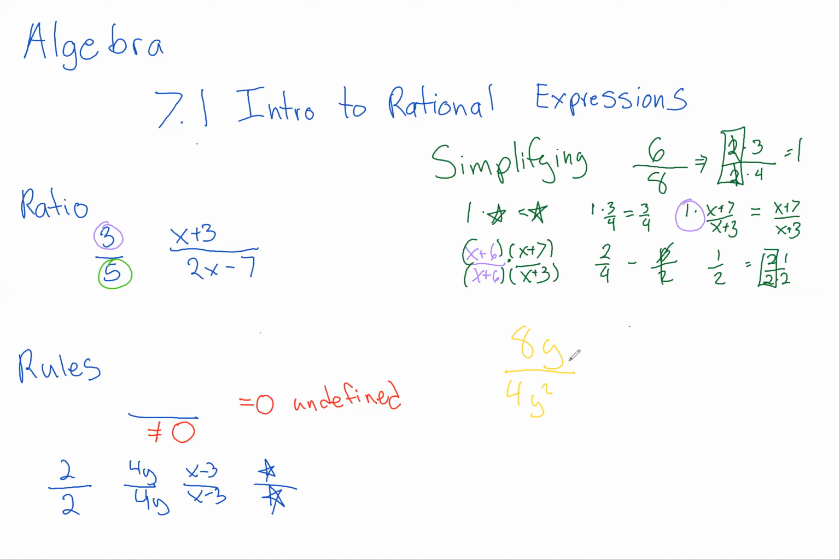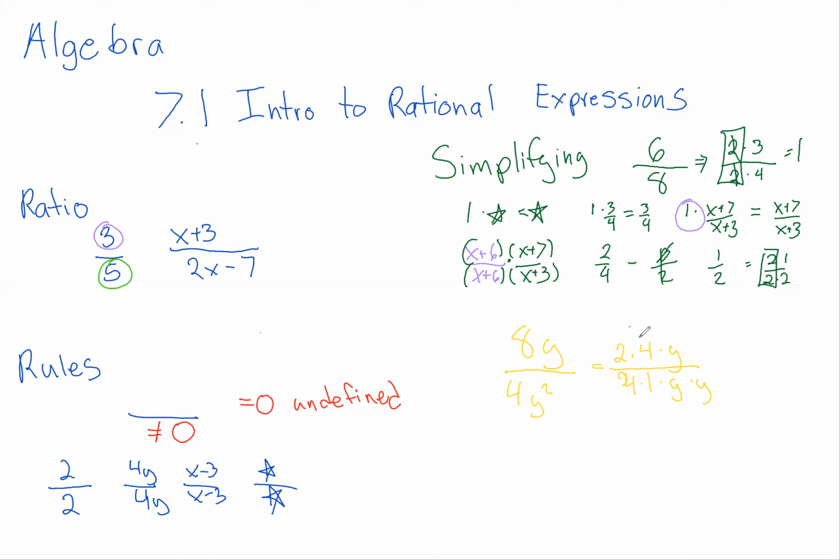And I'm going to make it look different without changing anything. 8 equals 2 times 4, so 8y equals 2 times 4 times y. And 4y squared is, let's just do 4 times 1 times y times y.